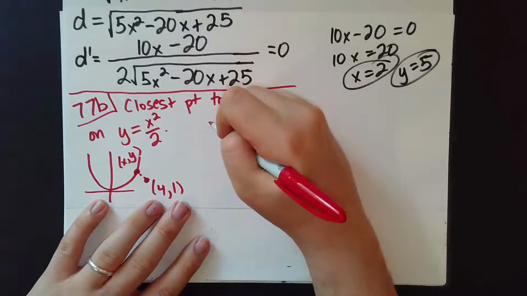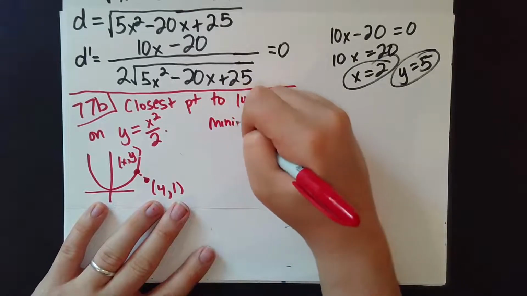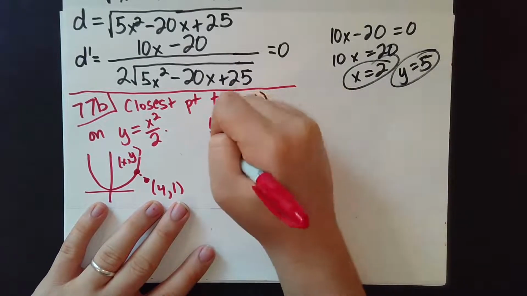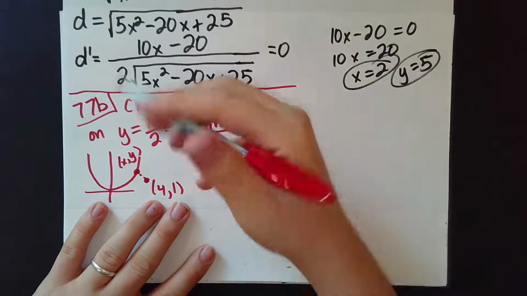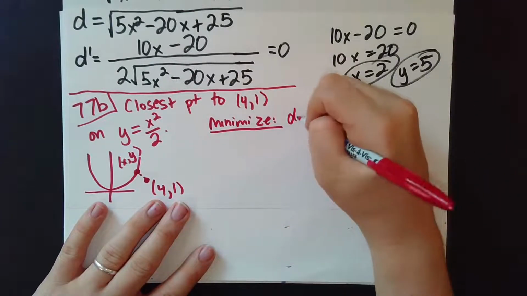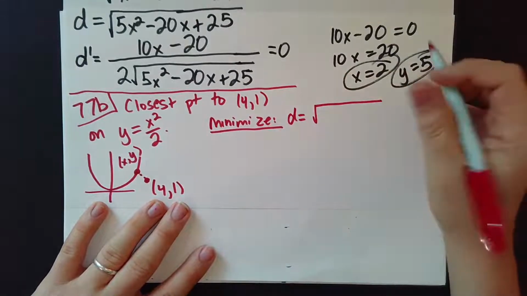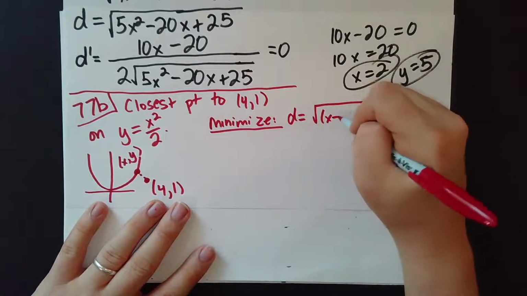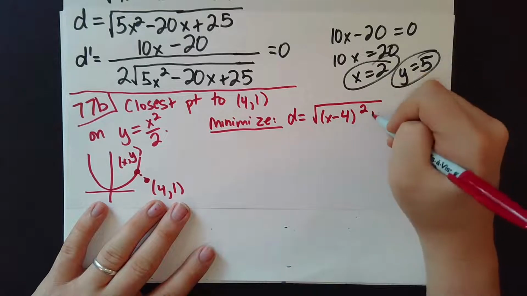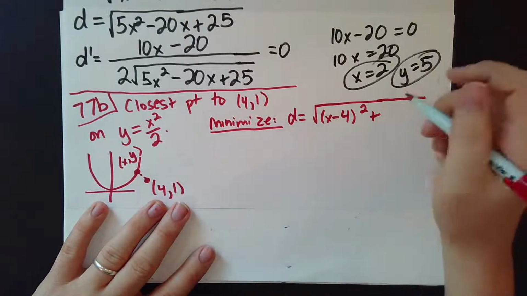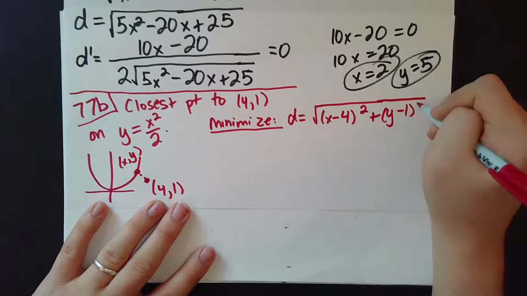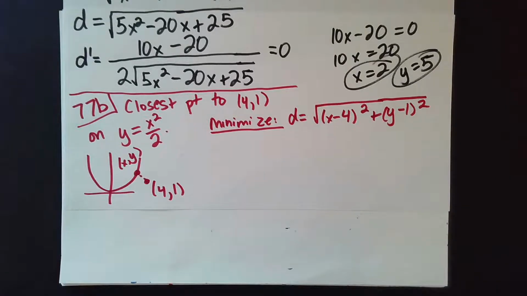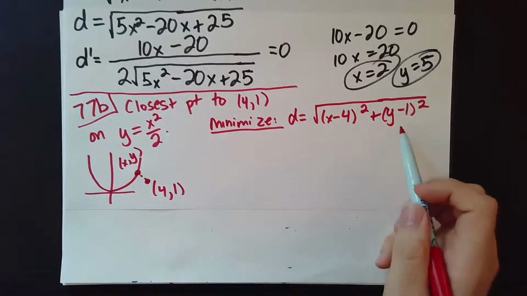So in this case, I want to minimize this distance, which by the distance formula is this.